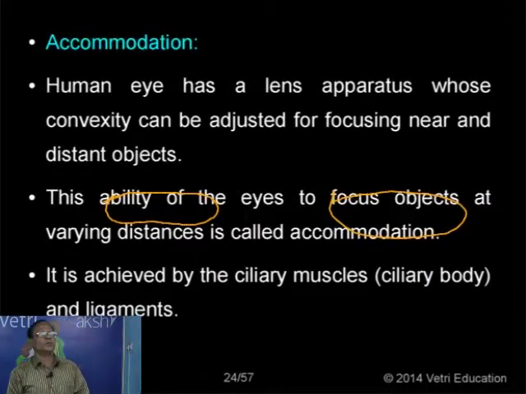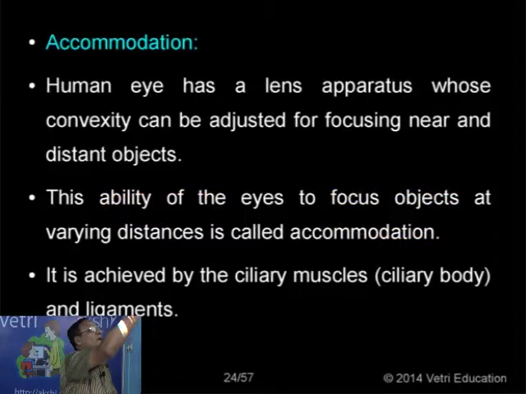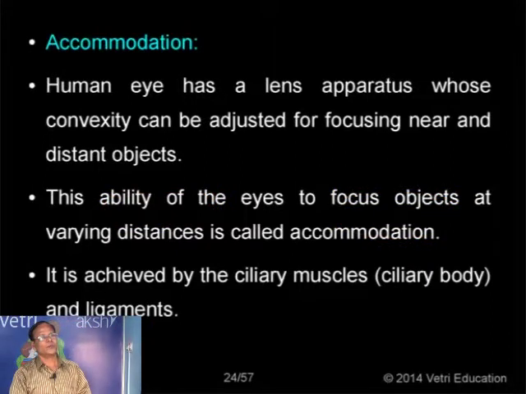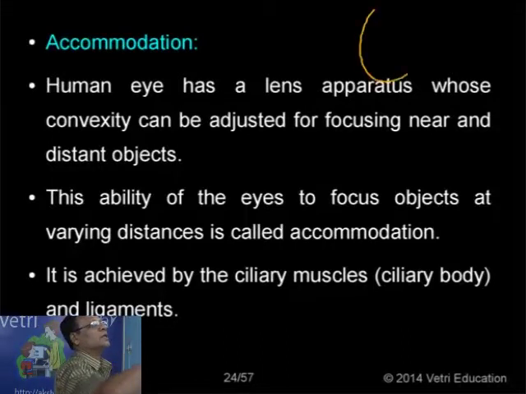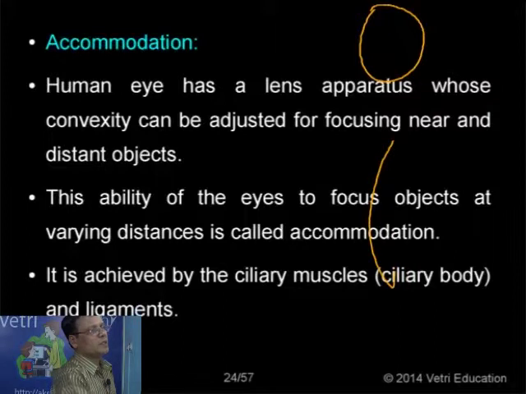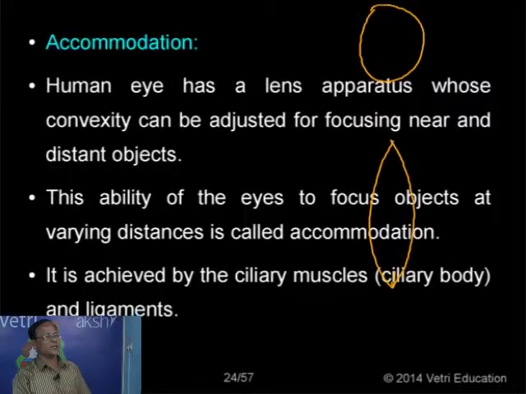Now what is accommodation? The human eye has a lens apparatus whose convexity can be changed for near and distant objects. When a person is seeing a near object, the lens becomes more convex, that is, its refractive power is increased. When a person is seeing a distant object, the convexity of the lens decreases and it becomes flatter.